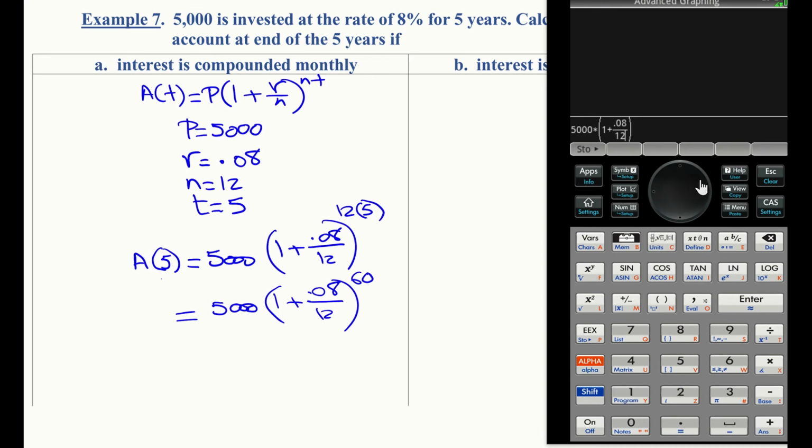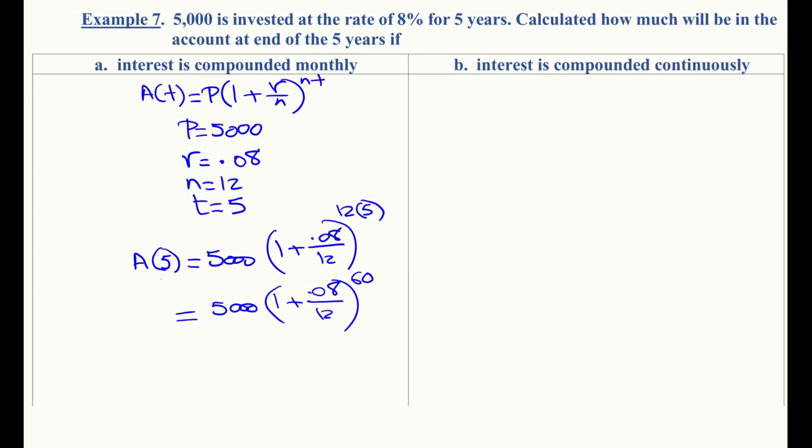We're going to go ahead and exit out of the parentheses. And now we're going to put to the power of 60. Or actually, I promised I was just going to put it in its raw form. So 12 times 5. Because the calculator will take care of that for you. All right, and then we hit enter. And so we see how much there will be at the end of the 5 years.